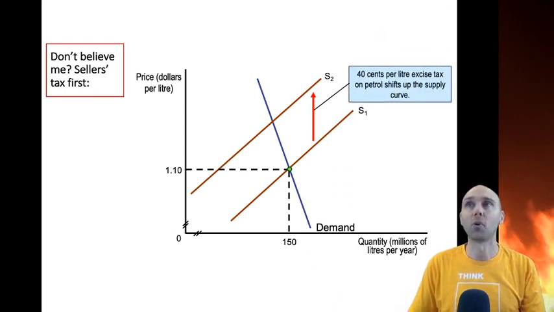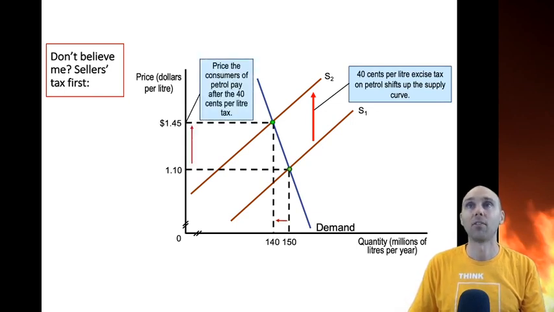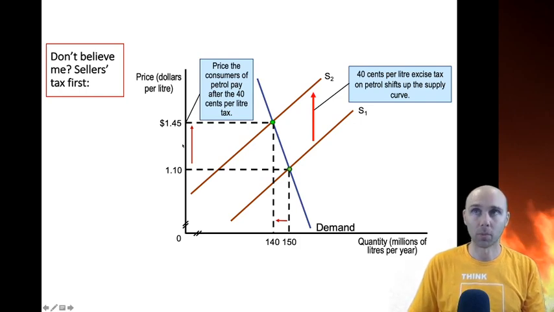So this is a 40 cents per litre excise tax, which will shift up the supply curve by exactly 40 cents. So this supply curve going from any given quantity up to the new line is 40 cents. But that won't shift the equilibrium price by 40 cents, because that equilibrium price will be a little bit moved to the left, as we know.